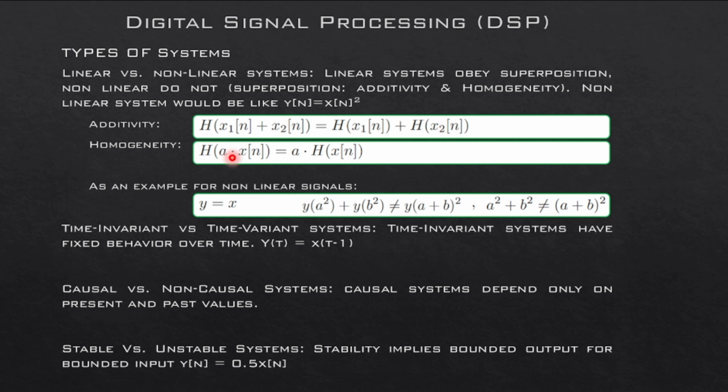Also homogeneity: the response of a times x[n] is equal to a times the response, h of x[n]. In other words, that would be like an amplifier.